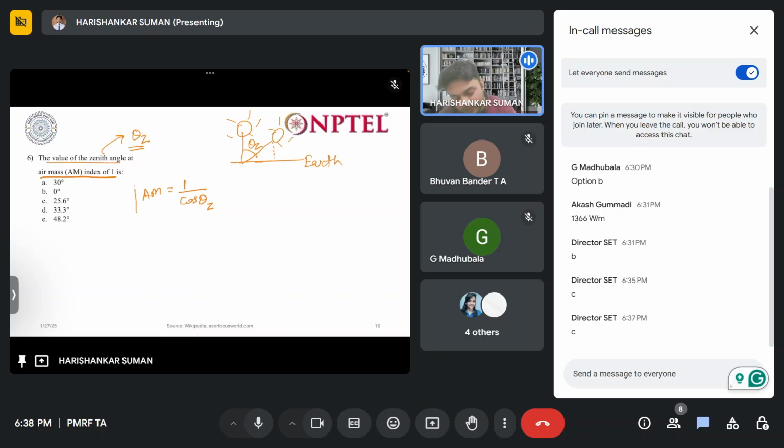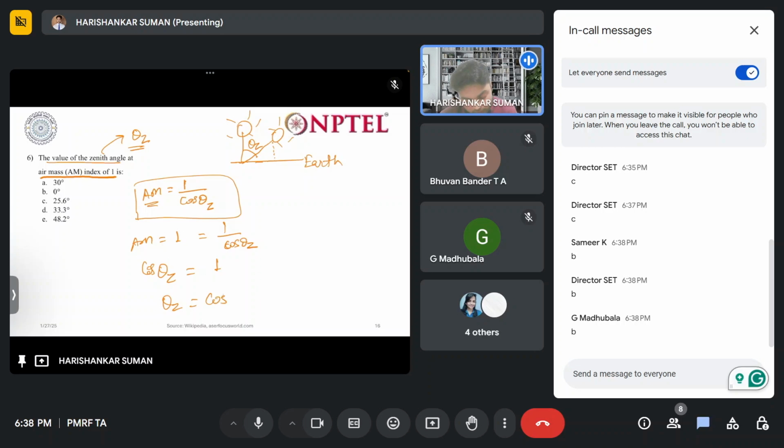Please calculate this expression. We have already solved this type of question. B, okay. Am equal to 1, and 1 upon cosine z, so cos z equals 1, and z is the inverse of cos 1. What is this?